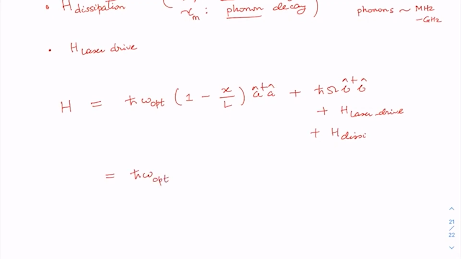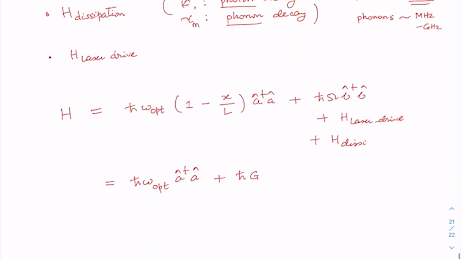H cross omega optical A dagger A, that is due to the photons inside the cavity. Then I have this photon-phonon interaction term, that is H cross Z (B plus B dagger) A dagger A, and this is from the mechanical oscillator.